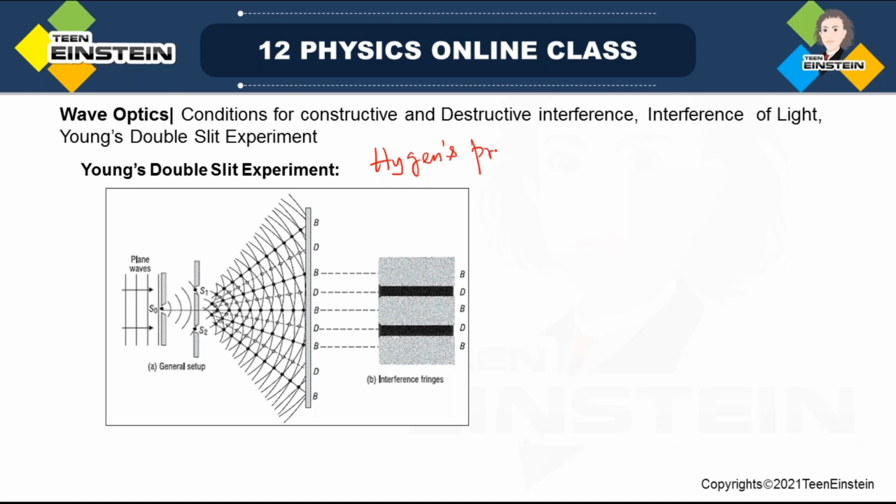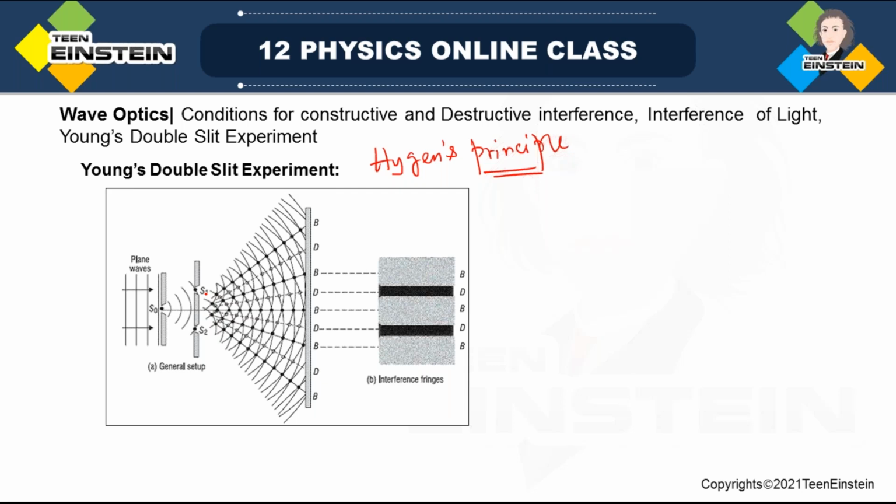Huygens principle, or the wave theory, was itself a doubtful thing until this experiment, Young's double slit experiment, was done. Here Huygens principle will be applicable very nicely, and we will see the interference pattern. What we see in nature could be produced by Young artificially, by creating two coherent sources of light.